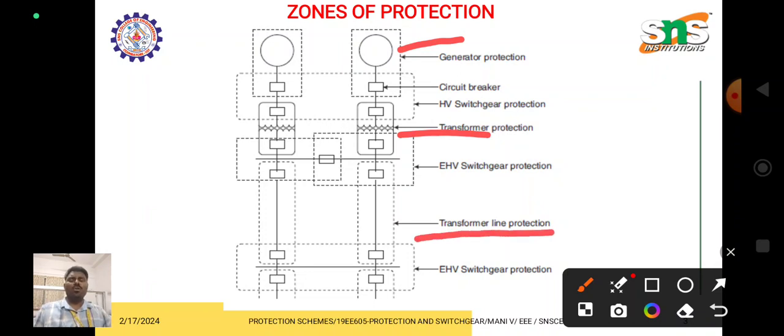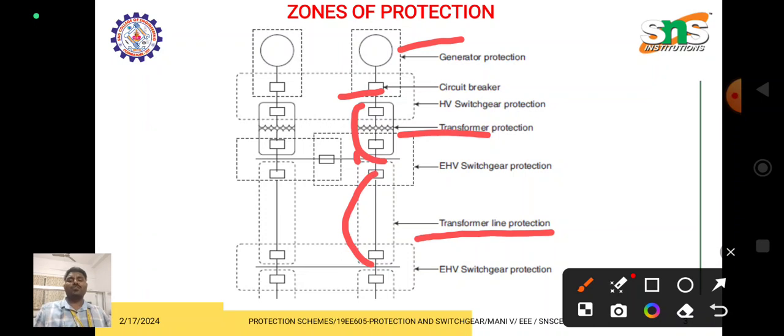For all the protection, we are using a circuit breaker for the generator, two circuit breakers for the transformer, and two circuit breakers for the transmission line, etc. All the components and all the parts of the power system should be protected.